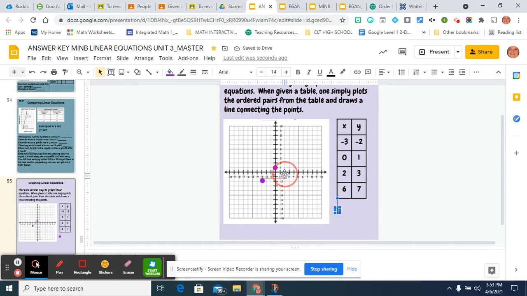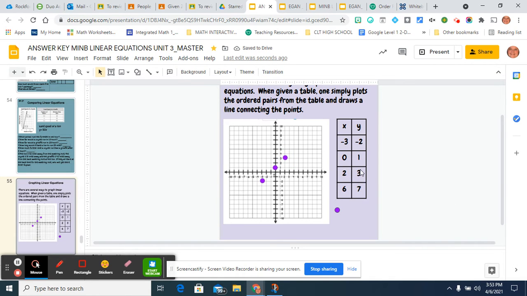So over 2 and up 3. Trying to get my crosshairs in the middle of that cursor to line up with the middle of that. There we go.